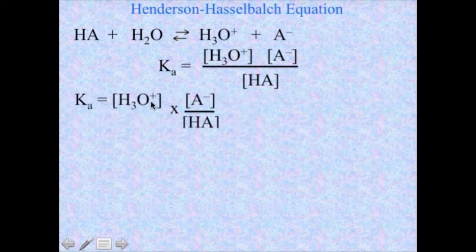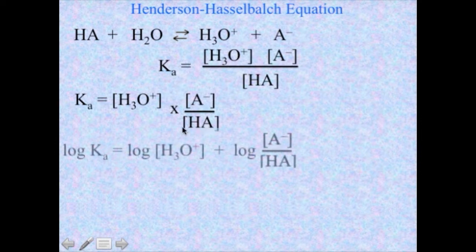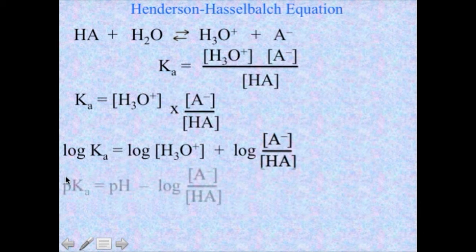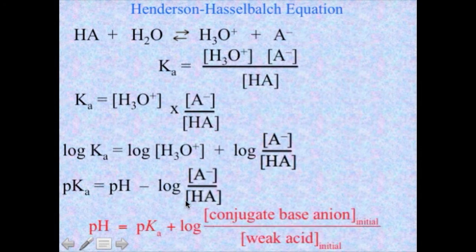If we rearrange and pull the hydronium ion away from the ratio of A- to HA, and then we take the log of each one of these terms, and then we multiply the log by -1, we get pKa equals the pH minus the log of the ratio of conjugate base to weak acid. And rearranging, pH equals pKa plus the log of conjugate base anion divided by weak acid. Some like to use this. Me, I prefer to just convert terms so I can use the mass action equation.